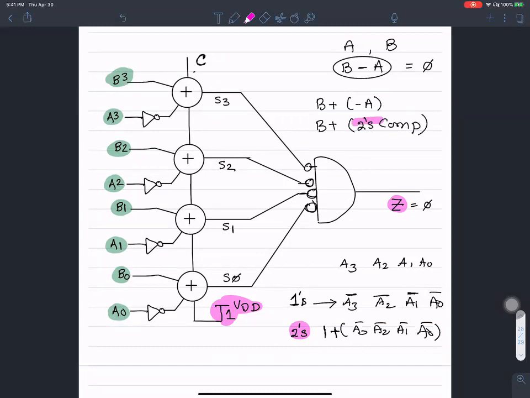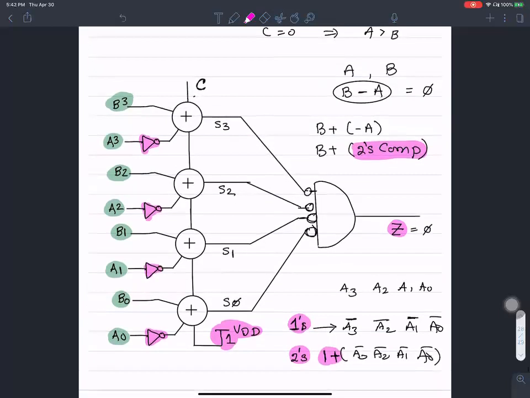I'm generating this 2's complement number by generating the 1's complement and then adding 1. That's exactly what I'm doing by implementing the inverters here. As you can see in the color coded scheme, the inverters plus the VDD give you the 1's complement plus 1, that's the 2's complement, or the negative of A.